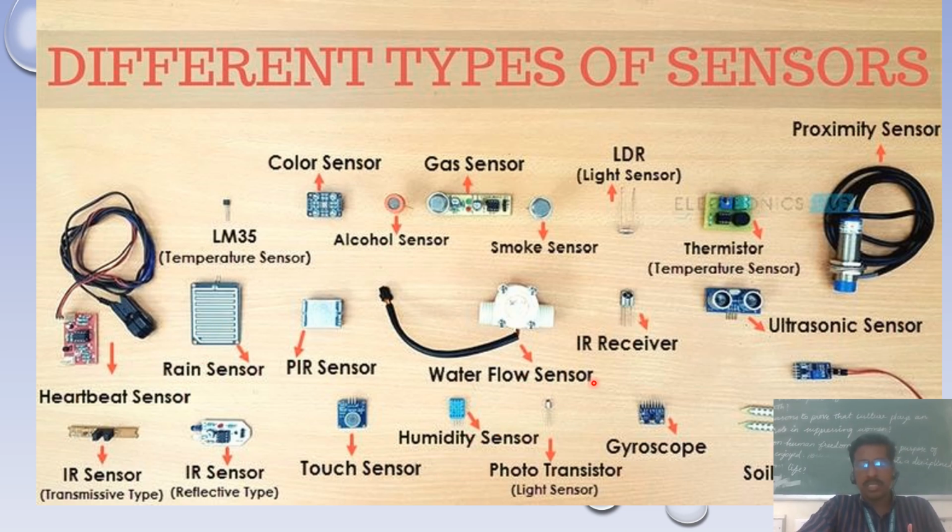Then water flow sensor, IR receiver, ultrasonic sensor, right? Gyroscope sensor, humidity sensor, touch sensor, and IR sensor, reflective and transmissive type. One is for receiving and the other for transmitting through the input devices. So these are the different types of sensors available in robotics for fetching data accurately.